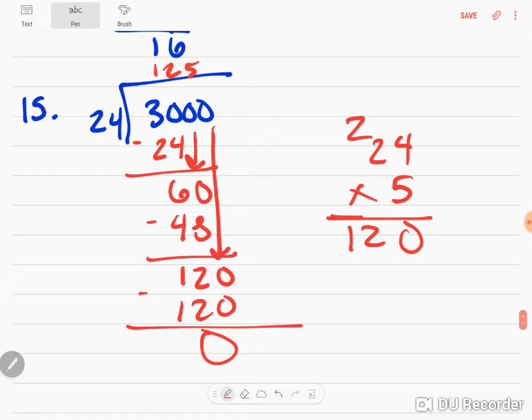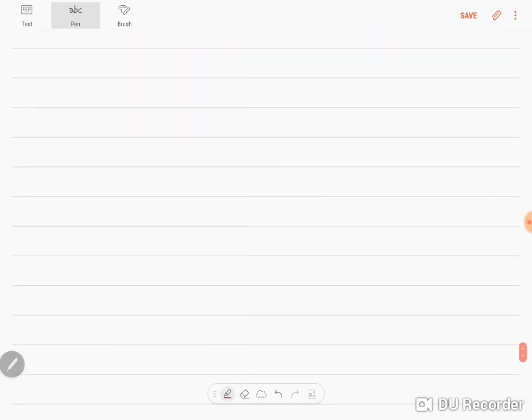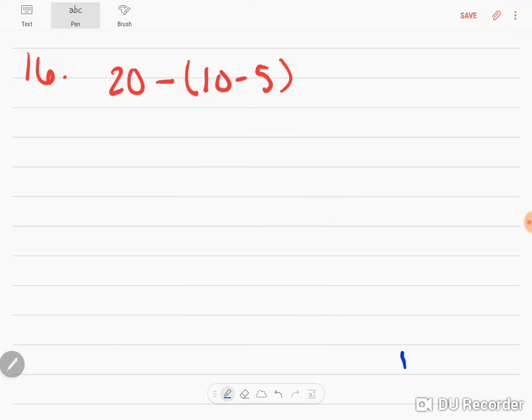24 goes into 100, 125 times. 16, 20 minus. The parentheses tells me I have to do that first. 10 minus 5 is 5. 20 minus 5 is 15.